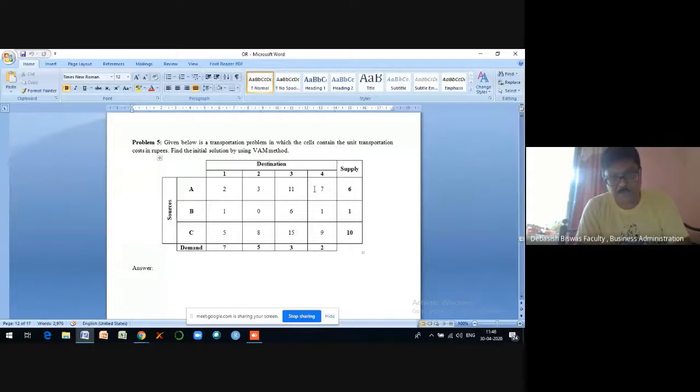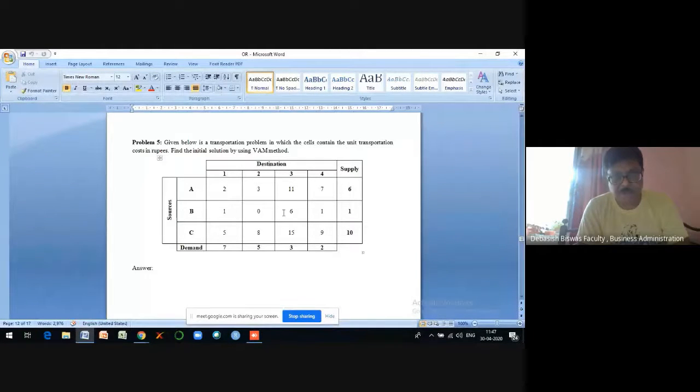Out of these 4 elements, which are the lowest? One is 2, another is 3. Others are bigger. So we have to take the difference of the 2 lowest elements of each row. Here the lowest elements are 3 and 2, so the difference is 3 minus 2 equal to 1. The difference will be written in parentheses here.